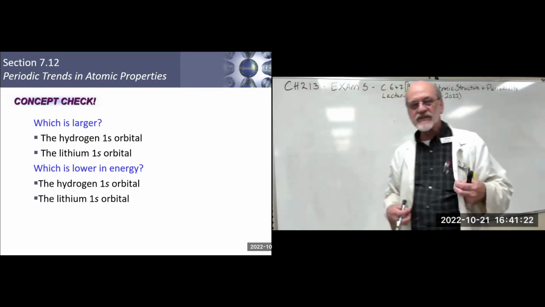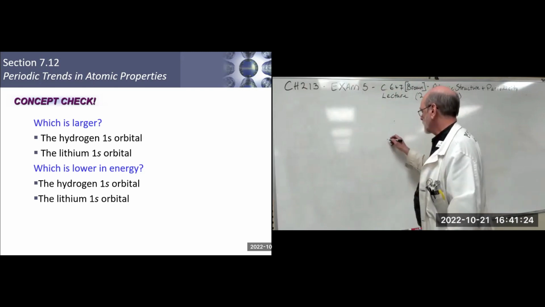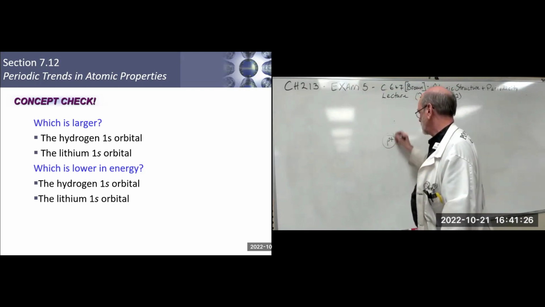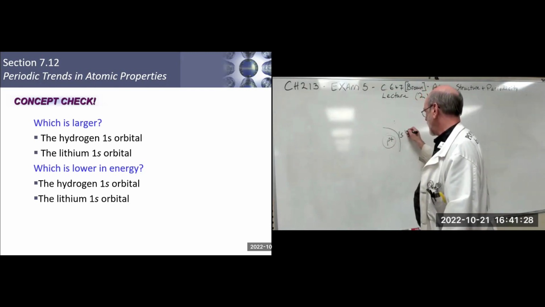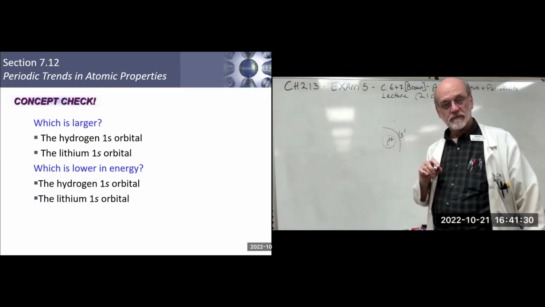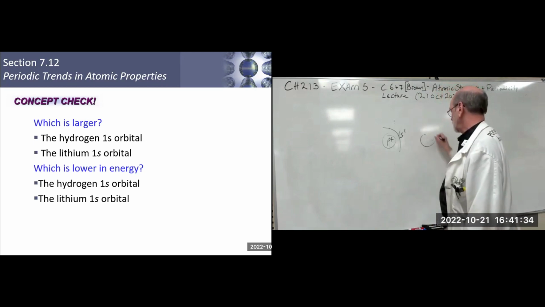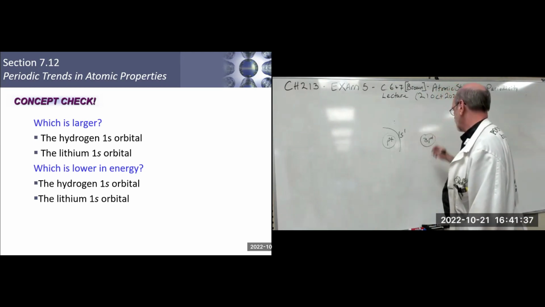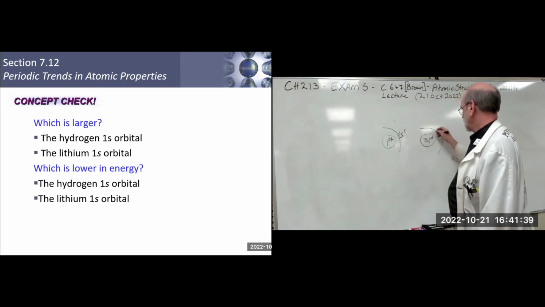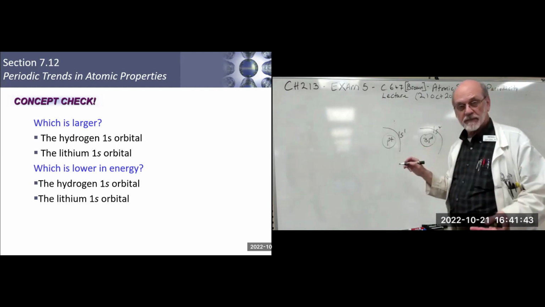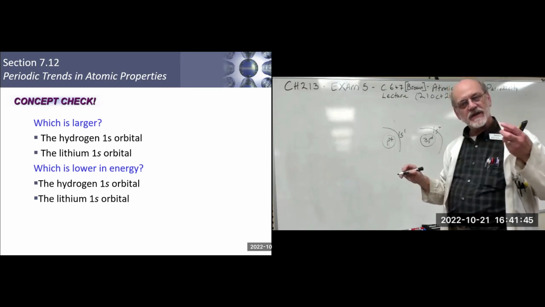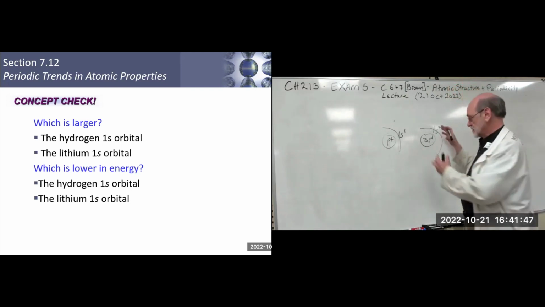Right? 1s around hydrogen has one proton and one electron. But lithium has three protons. And a 1s orbital with, it happens to have two electrons in it.